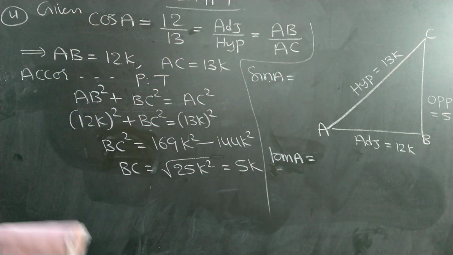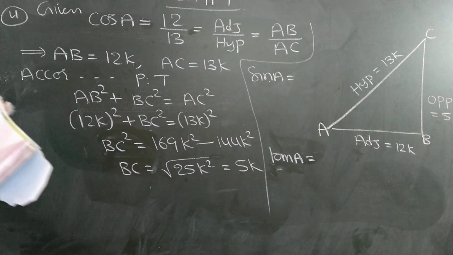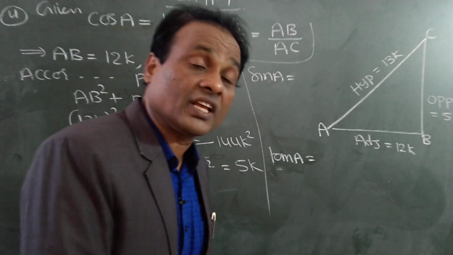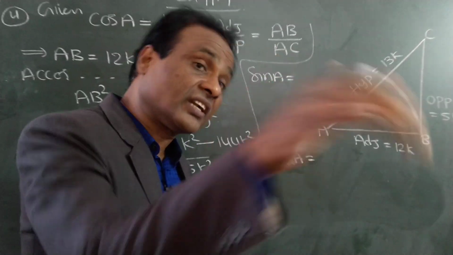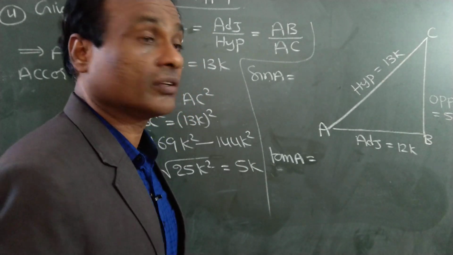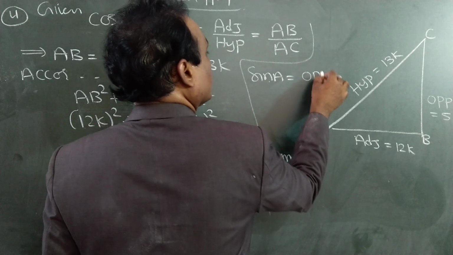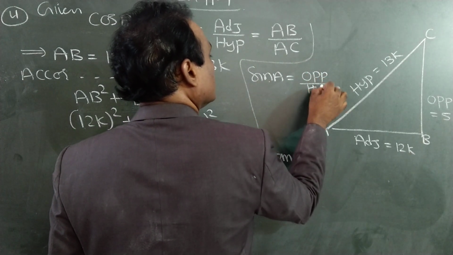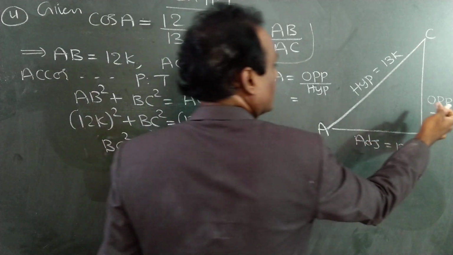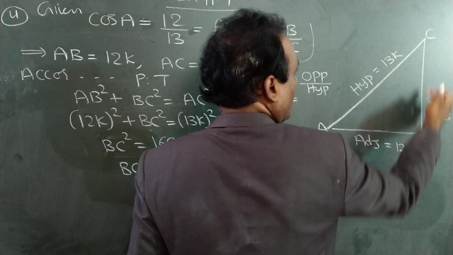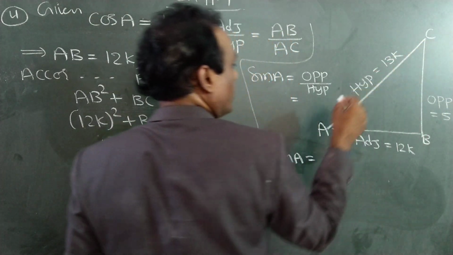Sin A and tan A are asked. What is the sin definition? See the sin definition, see yesterday's formulas. Sin is equal to opposite by hypotenuse. That means BC is opposite, AC is the hypotenuse.